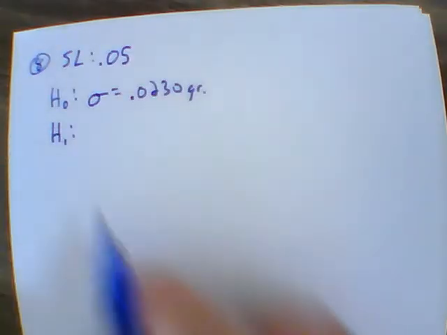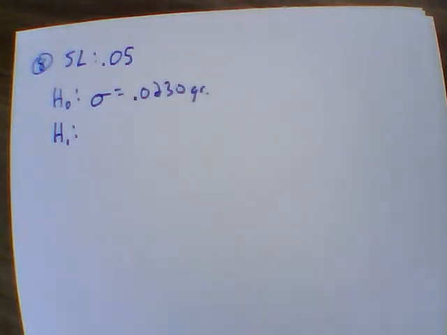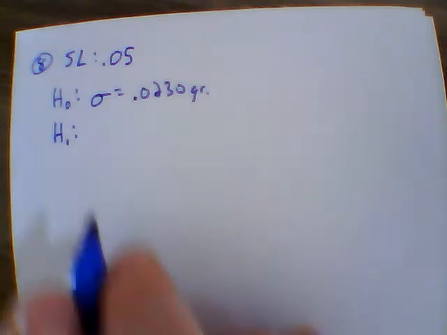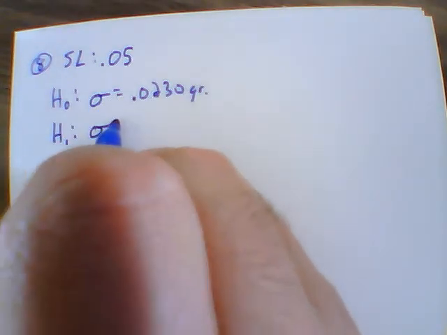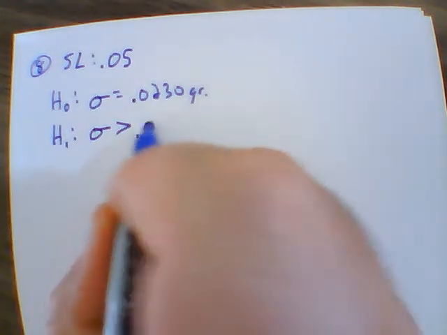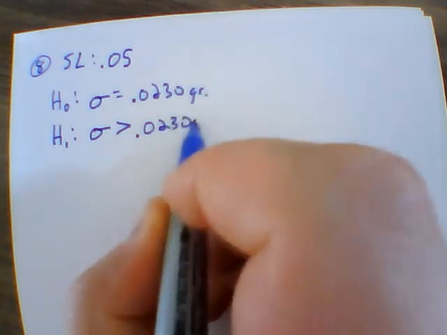Our alternative hypothesis, the claim, is that the pre-1983 pennies have weights with a standard deviation greater than 0.0230. Because it's not equal to this, our alternative hypothesis would have to be our claim.